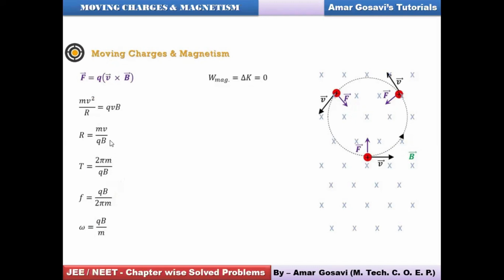So correspondingly, you can get this equation. Once you get the equation for time period, you get the equation for frequency. Frequency will be qB by 2 pi m. We all know what m stands for. q is the charge, m is the mass, B is the magnetic induction of the magnetic field. Correspondingly, you can work out omega also.